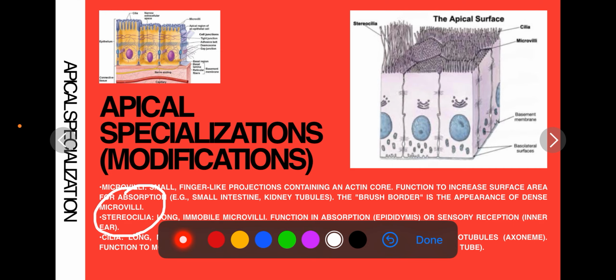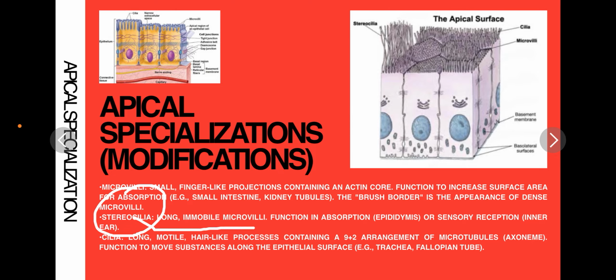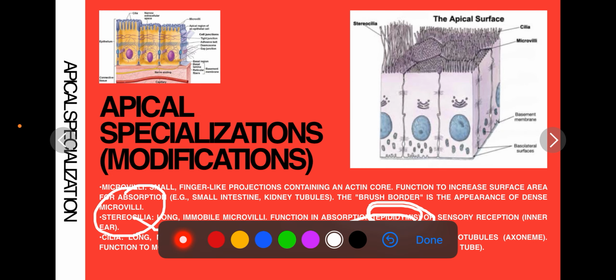Well, so let us go to this type here, stereocilia. It is stereocilia. So we have long mobile microvilli. Function is absorption again, but it is a different type of absorption. It's in the epididymis, regarding the seminal fluids and these things. For the seminal fluids and epididymis, there is a special type of cilia called stereocilia, especially for the epididymis.